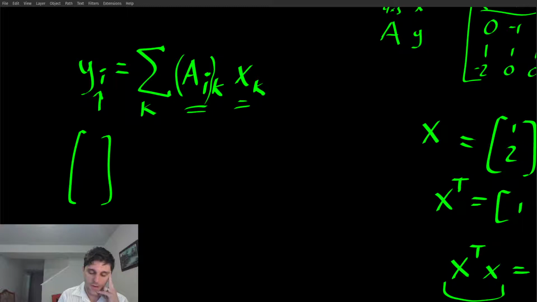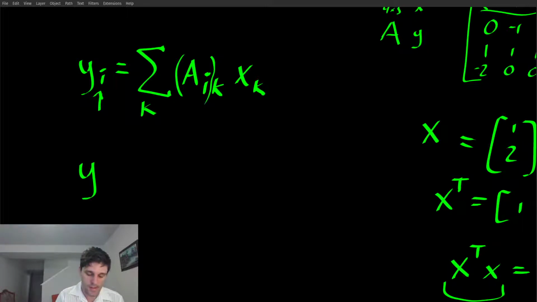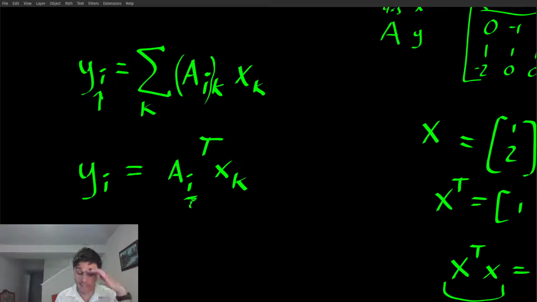So maybe I can rewrite it as something like y_i is equal to, I almost want to write something like a_i transpose x_k, except that doesn't really work because this single index on the matrix is a tricky concept to get across here.